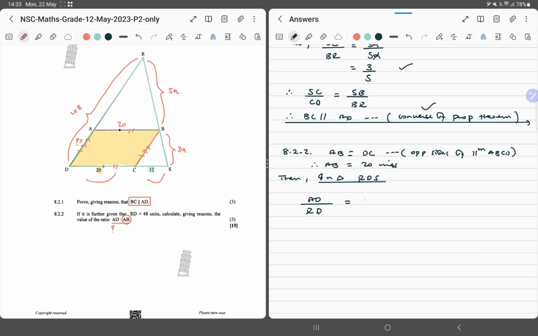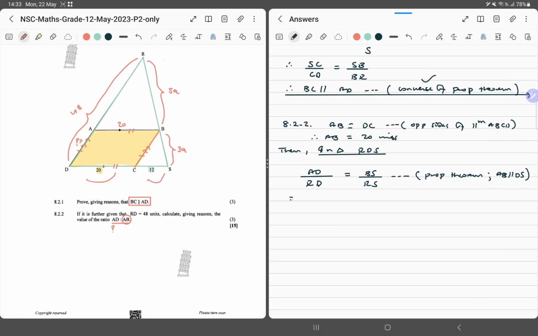It's going to be the same as BS over RS. Again, this is the proportionality theorem. Always state the set of parallel lines: AB is parallel to DS. That was given information.